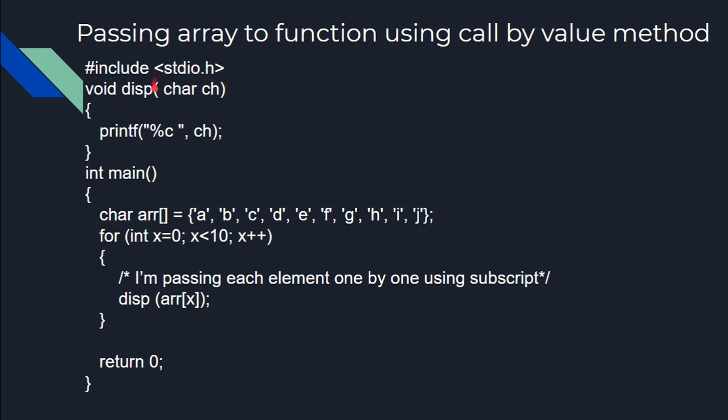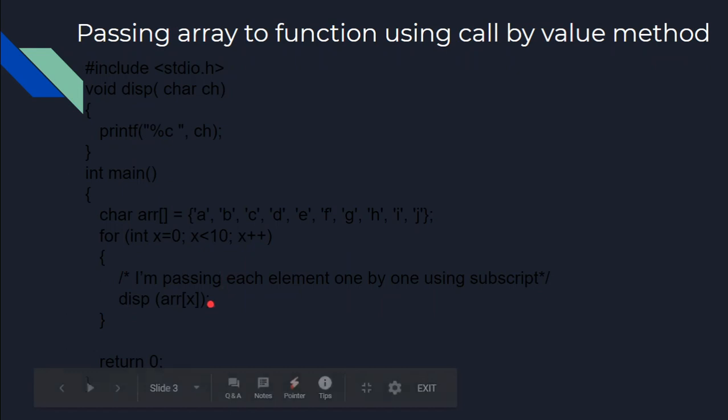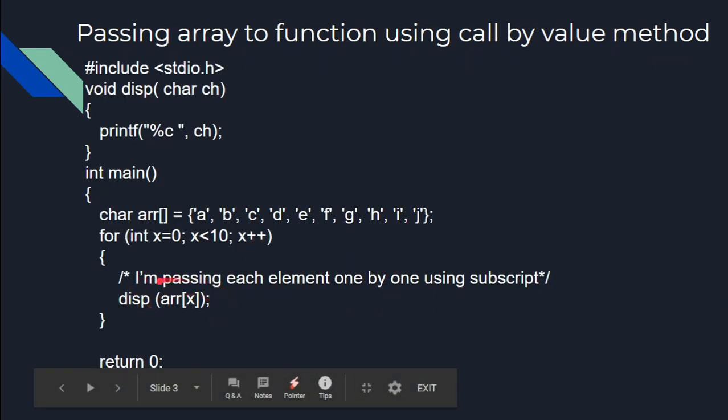This is the parameter available in the function definition, the formal parameter. When the function is called, we use a variable in the function call, simply arr of x, which is one particular variable. So this arr of x will be substituted to this ch. That is how the actual parameter is copied to the formal parameter.